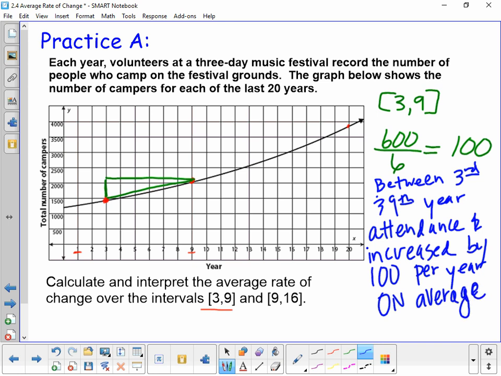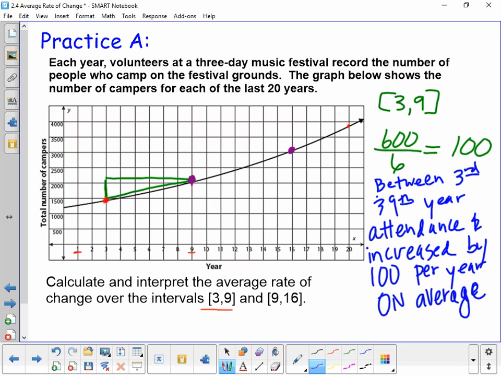Okay, so we have one other interval that I want to think about, and that's the interval from 9 to 16. So on our graph, that would be between year 9, which we just looked at a minute ago, let's see, I'm going to go with purple, and year 16 is over here.